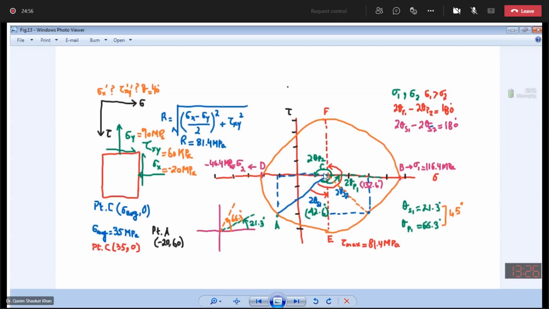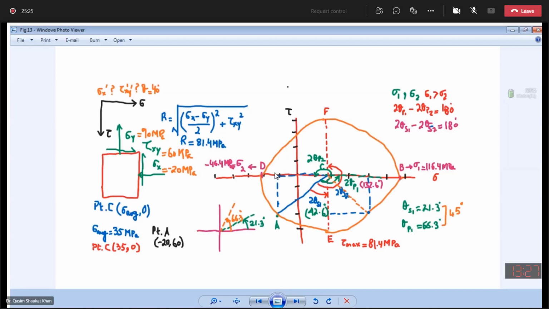Now next thing is I have to mark the point A. This point is the origin, 0, 0. So I have to mark the reference point A, which has the coordinates minus 20 and 60.